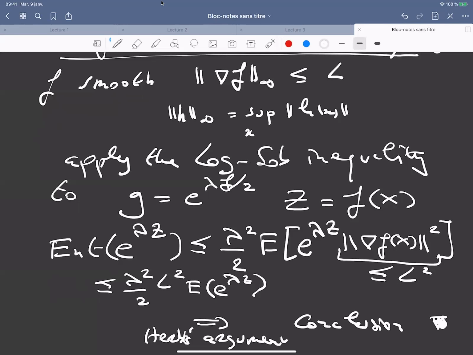An approximation argument allows to pass from the smooth case to the Lipschitz case. Okay, so this shows you that this Herbst's argument is a very convenient argument to be combined with log-Sobolev inequalities in order to produce concentration.